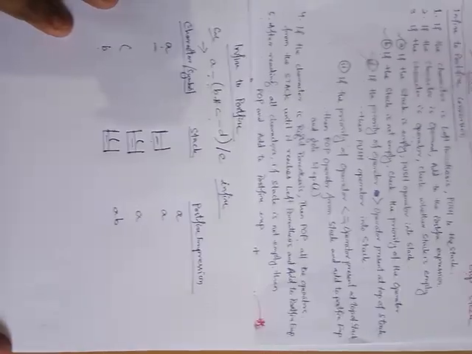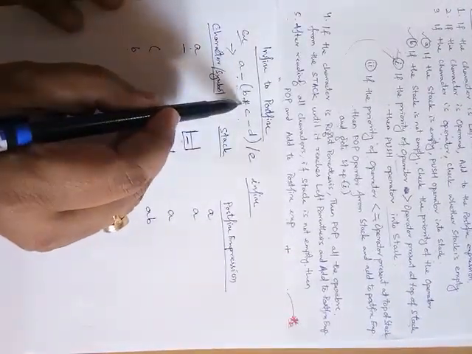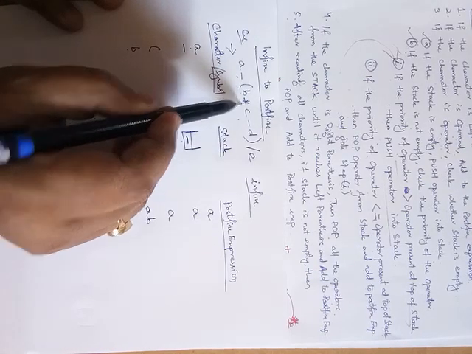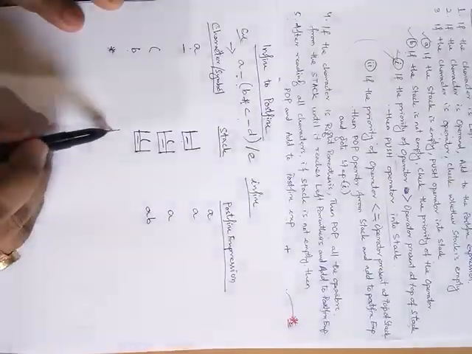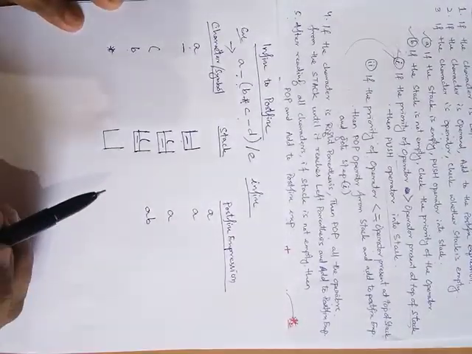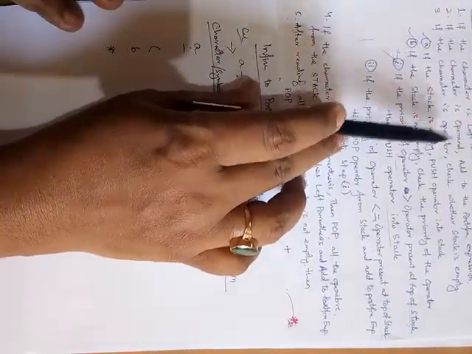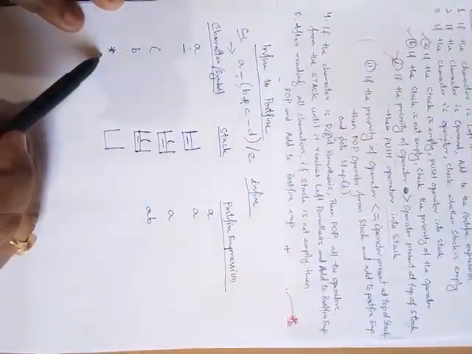Now see here, the next is star. After B, the next character is star. If the character is an operator, we have already checked that this character is an operator.